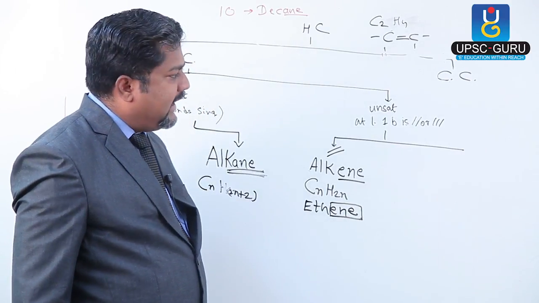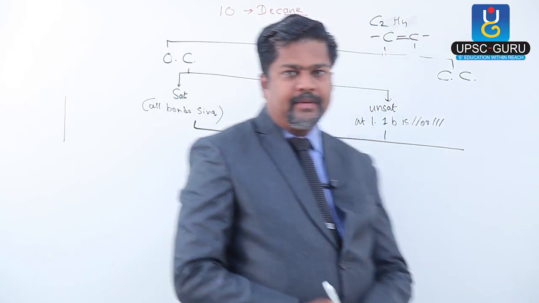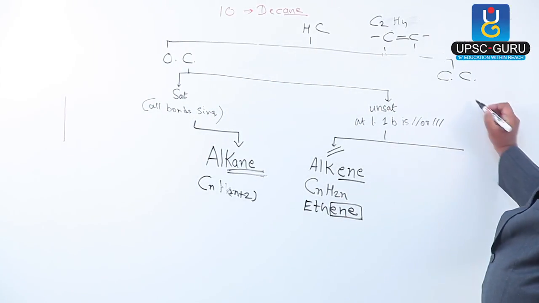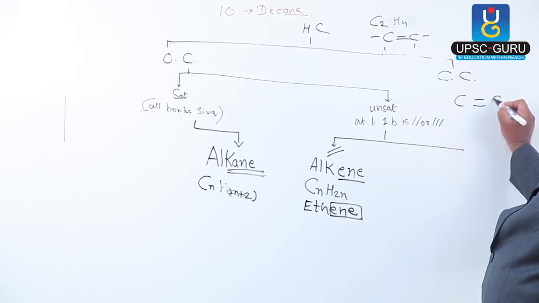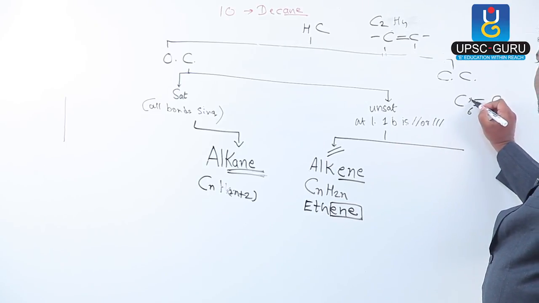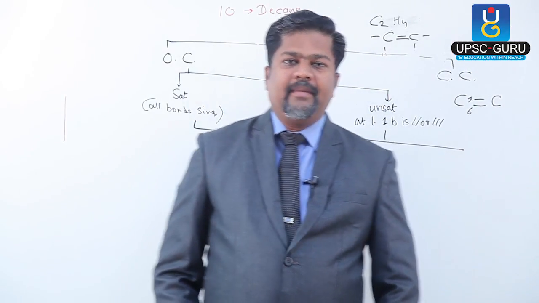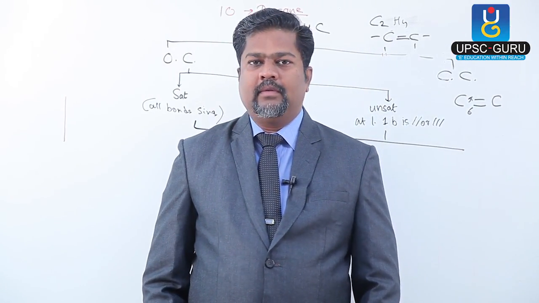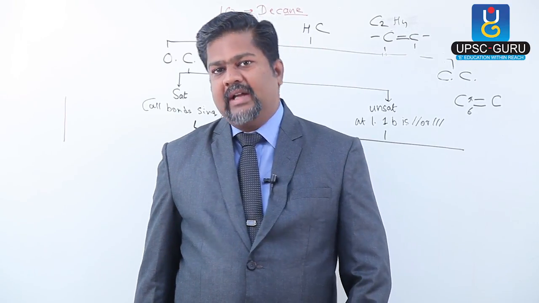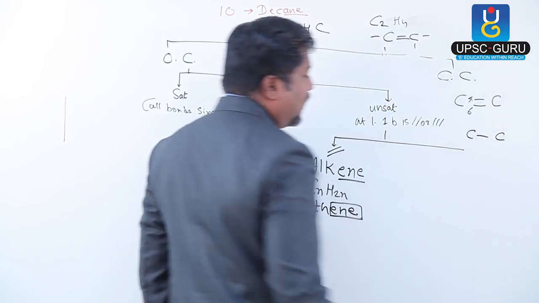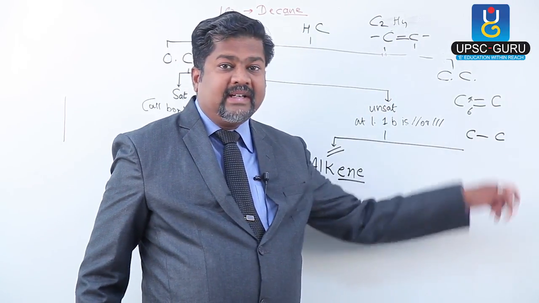Now what is the characteristic of this double bond? You are aware now that whenever I am showing a double bond, one bond is sigma, another one is pi bond. Now in case of sigma bond, it is strong. In case of alkane, as there is only a carbon-carbon single bond, only one bond, that means it is sigma.